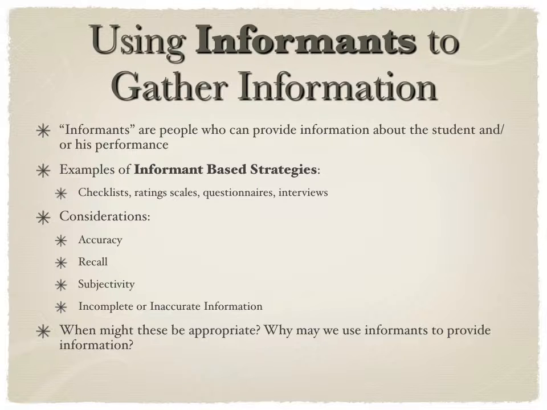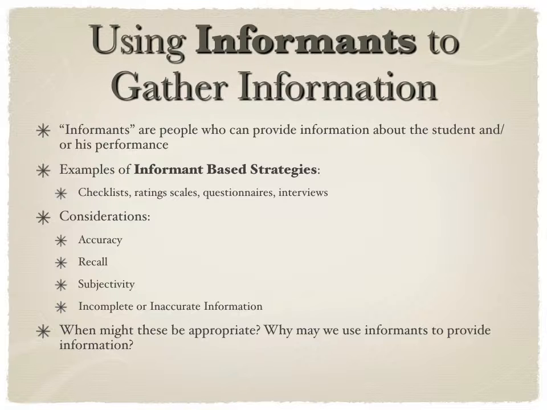So the important thing to take away here is the distinction between informal and informant strategies. Remember, informal strategies are strategies that are locally developed, casually developed, not standardized. Informant strategies are strategies of gathering information from people who have valuable information and insight about the child.